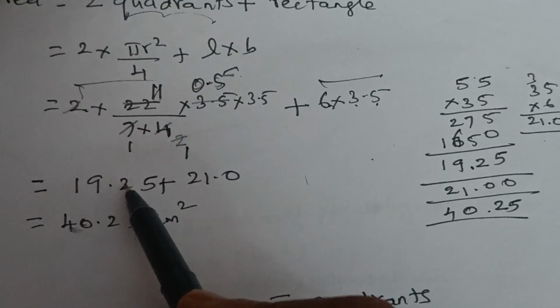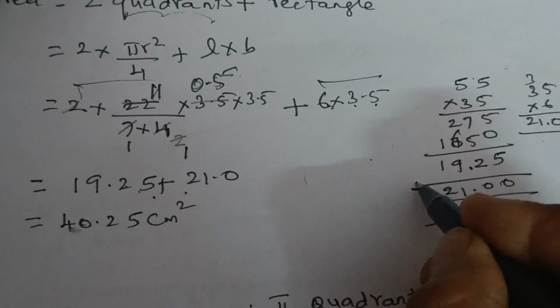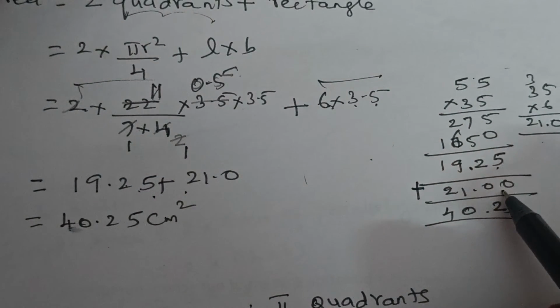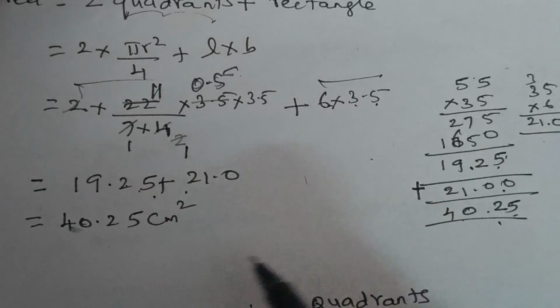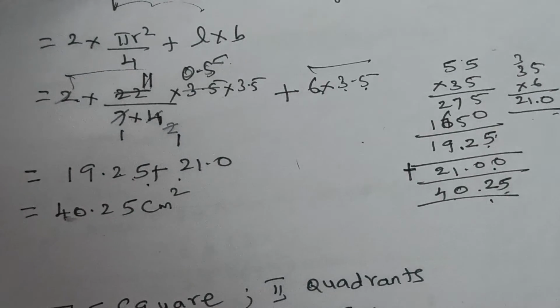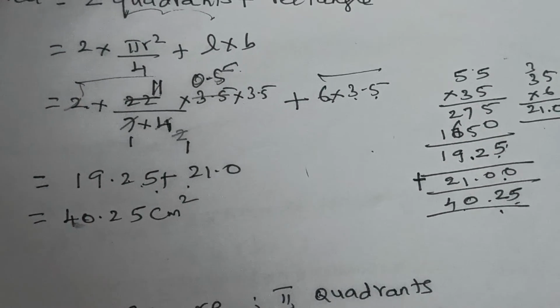Now you add 19.25 plus 21. This is the area of the quadrants and this is the area of the rectangle. You add them, we get 40.25 centimeter square, the area of this second figure, 1 rectangle and 2 quadrants.